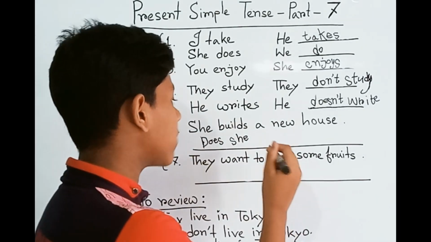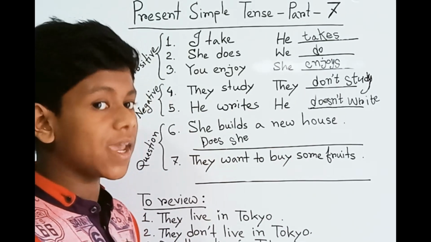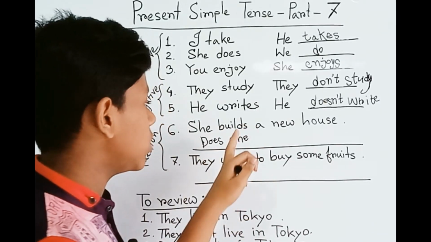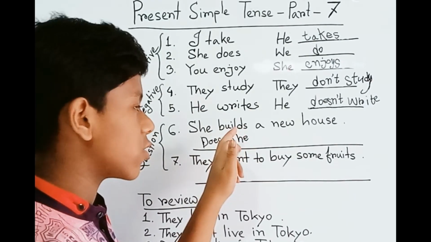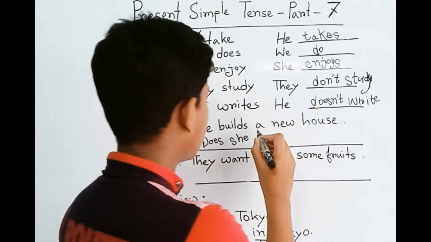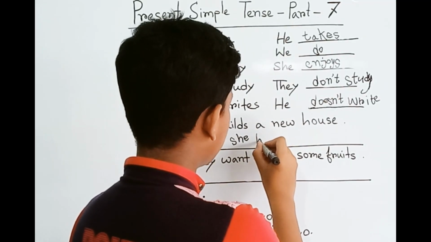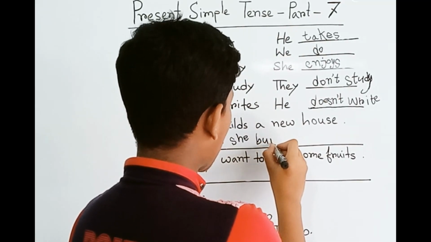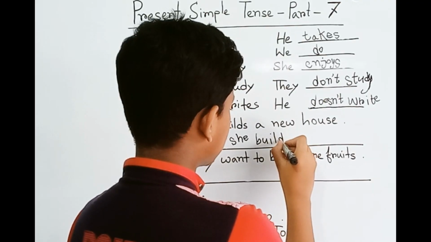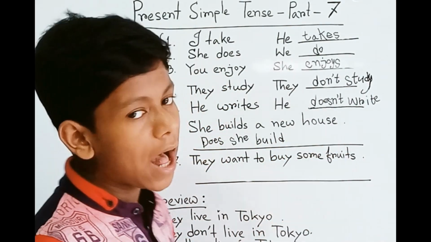We just write the verb one, or base form, or present form. So it will be build. Does she build? B-U-I-L-D. Does she build a new house?